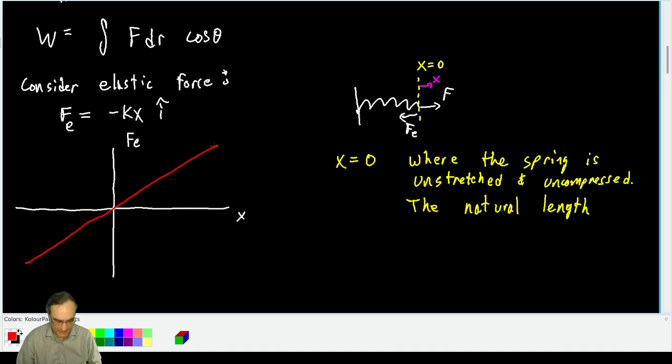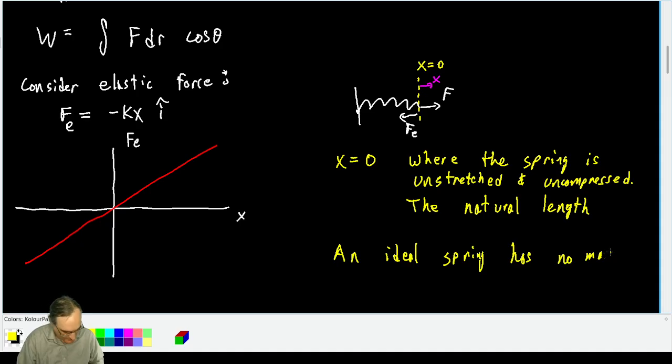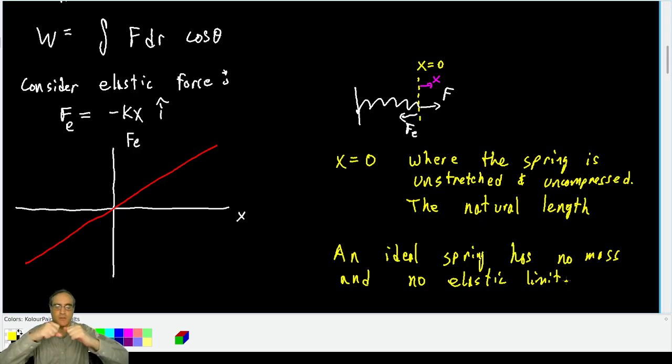An ideal spring has no mass and no elastic limit. What is an elastic limit? Well, if you take a real spring and you stretch it really hard, it permanently changes its shape, and that permanently deforms it, and you don't get this curve anymore.